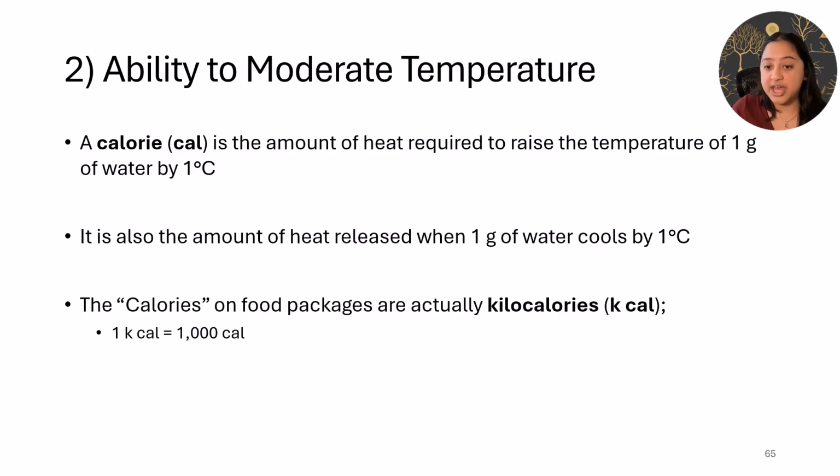So 1 kilocalorie is 1,000 calories. And so in food and nutrition science, they just give this as a given when they say capital C Calories, because usually it's measured in kilocalories. And I guess they just wanted to shorten it. They didn't want to confuse people. I don't know. But calories as a base unit are usually lowercase. On food packages, if you see a capital C, Calories, it indicates kilocalories. So it's kind of a fun fact.